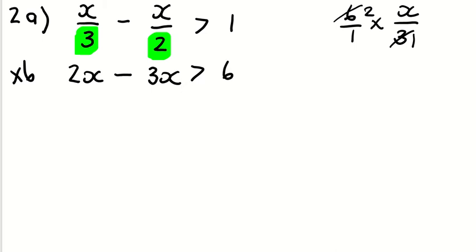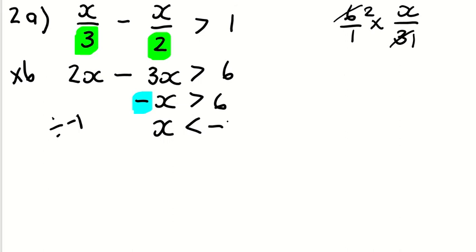En 1 maal 6 is 6. So dan gaan ek nou hê minus x aan die kant is groter as 6, but then I have to divide by minus 1 to get rid of the negative sign. If I divide by minus 1, the sign has to change. So dit is al die x-waardes kleiner as minus 6.